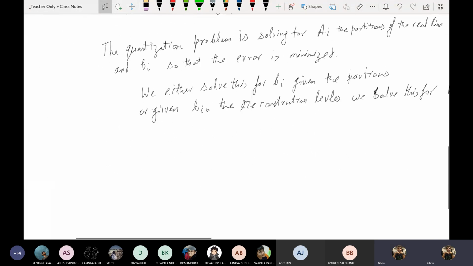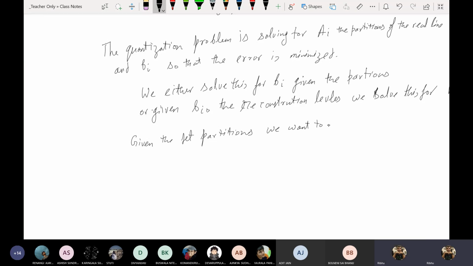So let's say we first try to solve this given the ai's, the set of partitions. We want to know what are the bi's for that.